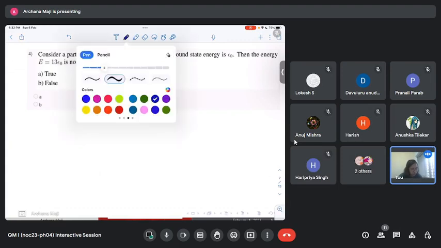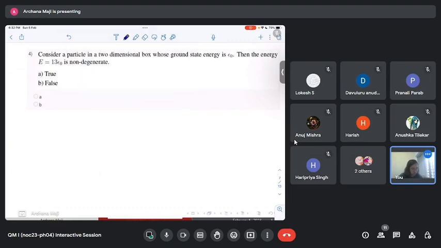What is the energy spectrum for a particle which is in a two-dimensional box?